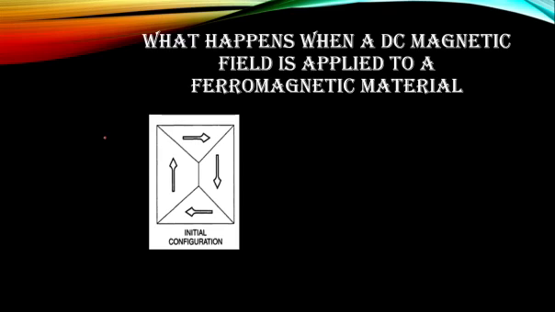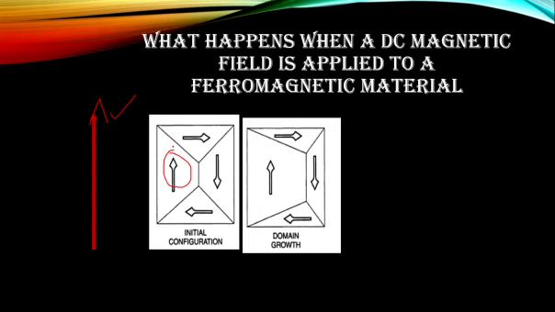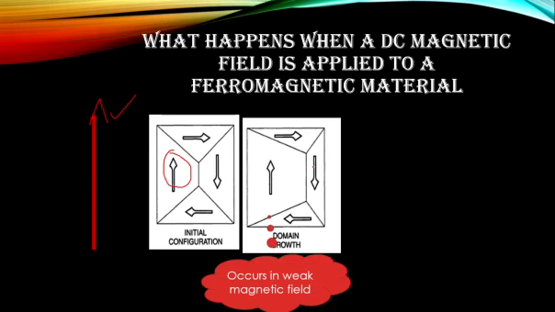Whenever a DC magnetic field in the direction shown is applied, any alignment in the direction of the applied field will try to grow. So there is a movement of the domain wall. This occurs in a very weak magnetic field.